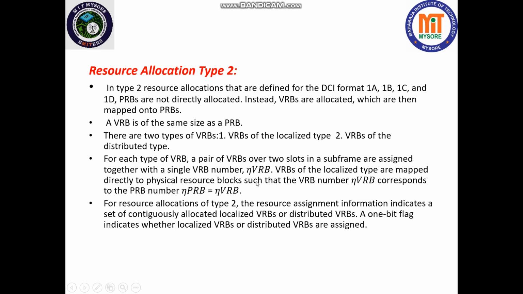For resource allocation type 2, the resource assignment information indicates the set of contiguously allocated localized VRBs or distributed VRBs. A 1-bit flag indicates whether localized VRBs or distributed VRBs are assigned. So this is about the different resource allocation types. Hope you understood these different types and the difference between them.